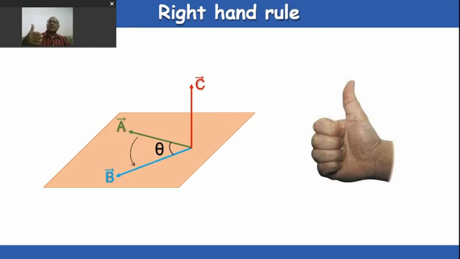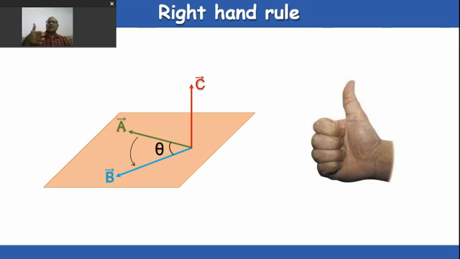So the angle rotation is from vector A to vector B. We write it A cross B. Then the direction of the resultant vector multiplication will be in the direction of our thumb, upward.